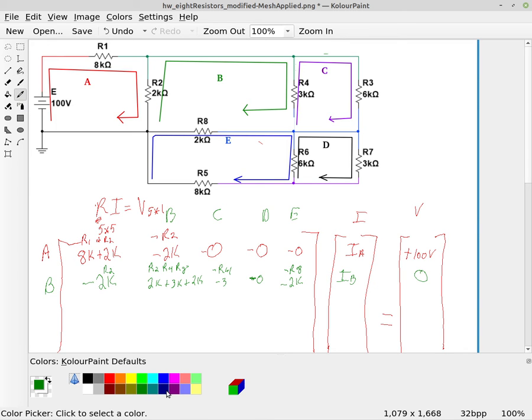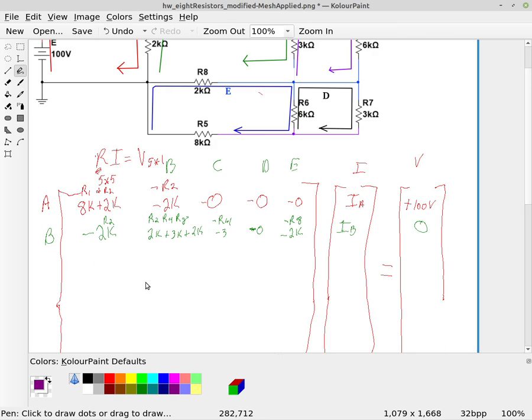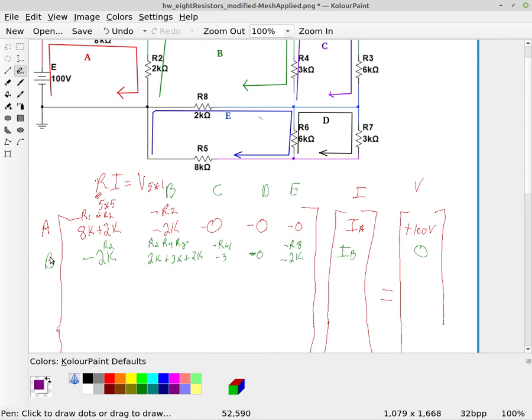Alright, so now we're going to do the C. And C here, well, we've already, remember, C is not touching A. C is not touching A, so that's a -0.